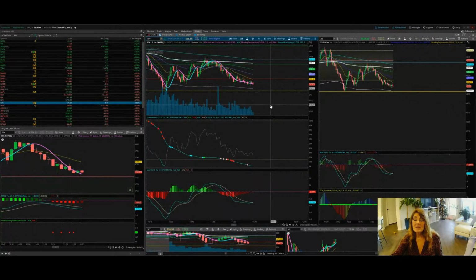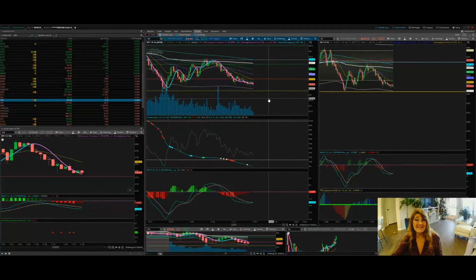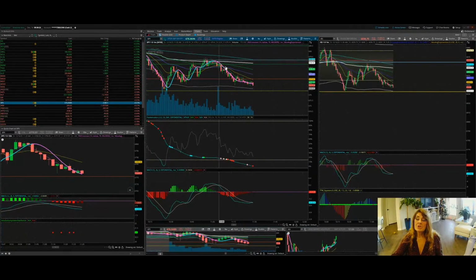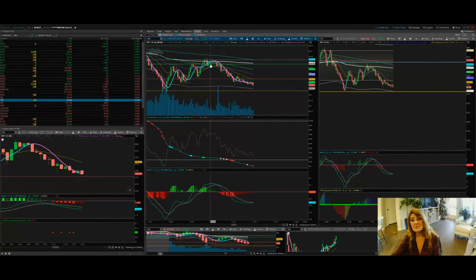I'm not keeping positions for days, weeks, months, not even hours. I'm keeping positions for seconds and minutes, right? So for me, it's very important to trade with the market. I do trade reversals sometimes, but I want to be on the side of the market. That's my goal. All right, little drop back down here.